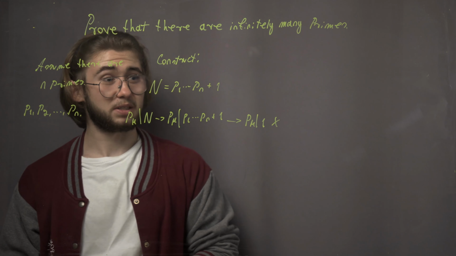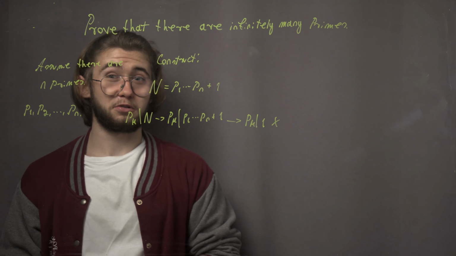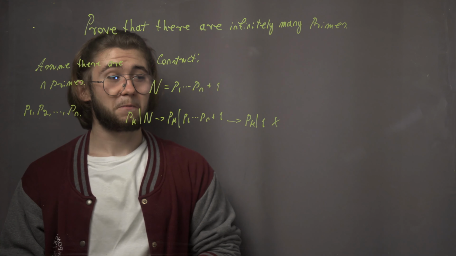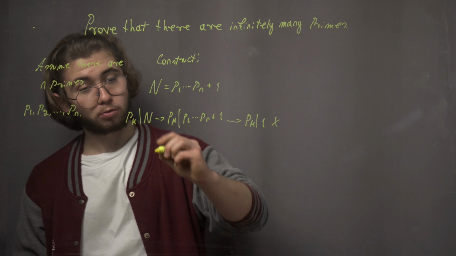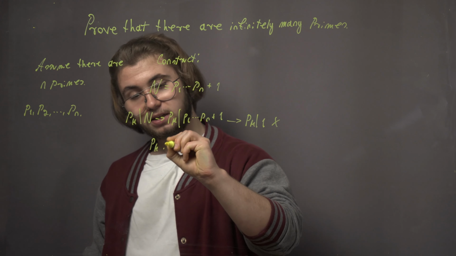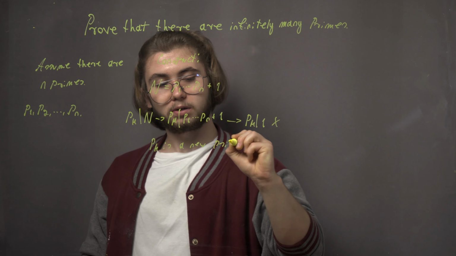And so it means that pk has to be a new prime number, unless it's 1, but 1 is not a prime number, so it wouldn't make any sense. So we get that pk is a new prime.